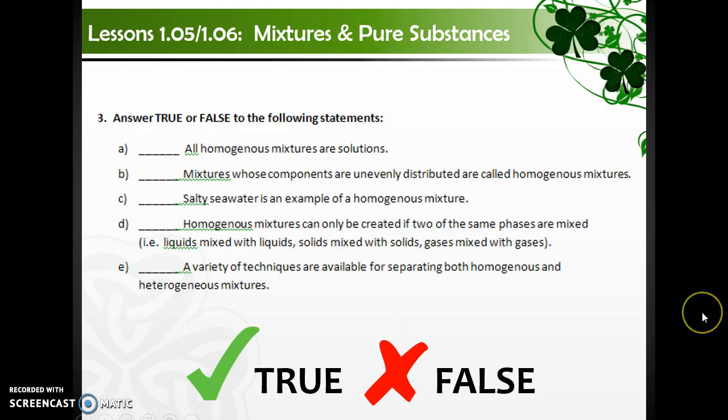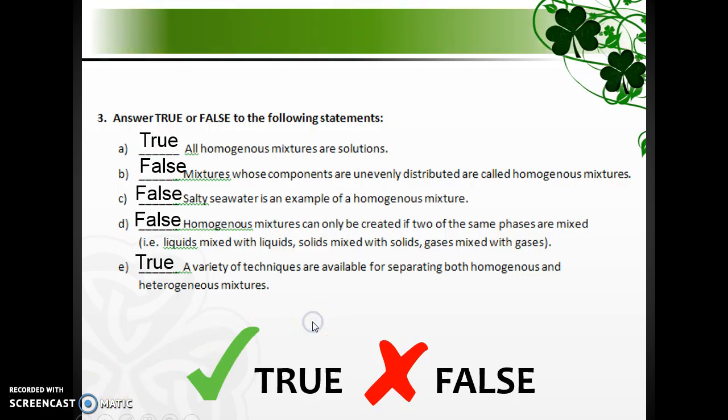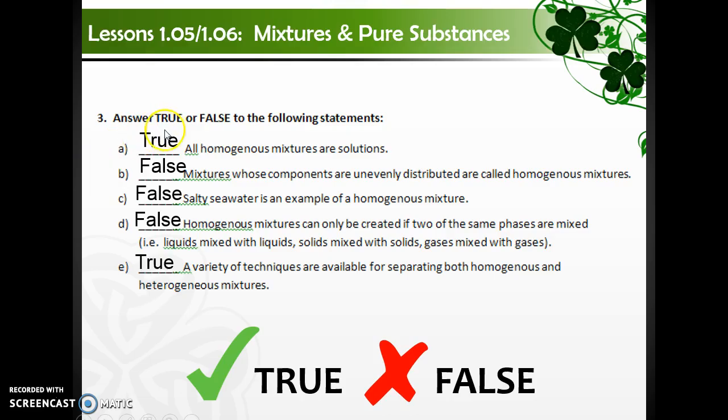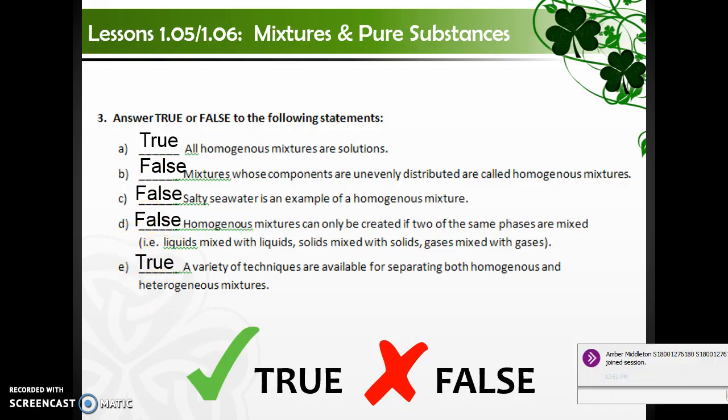D, homogeneous mixtures can only be created if two of the same phases are mixed. And letter E, a variety of techniques are available for separating both homogeneous and heterogeneous mixtures. Letter A is true, B is false, C is false, D is false, and E is true.